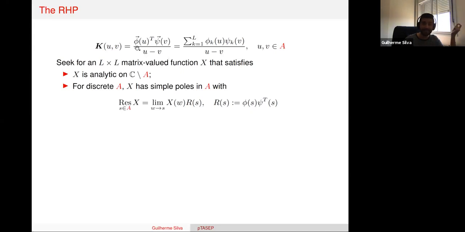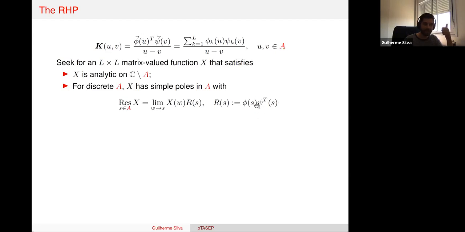So the kernel looks like phi transpose psi in variables U and V, and you just change the transpose, so you look at phi psi transpose. This inner product is a scalar; this gives you an L by L matrix.